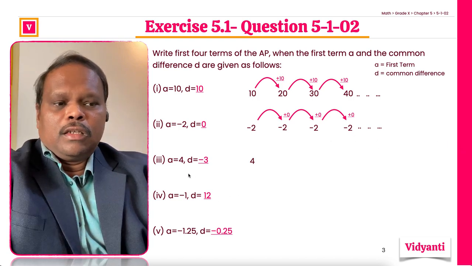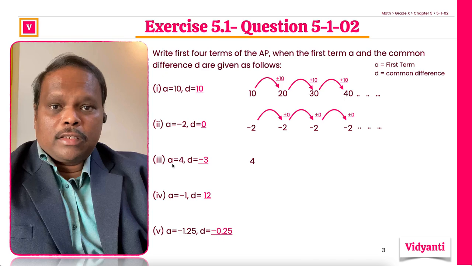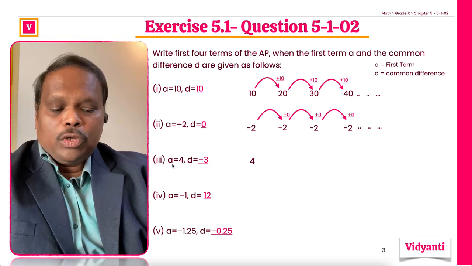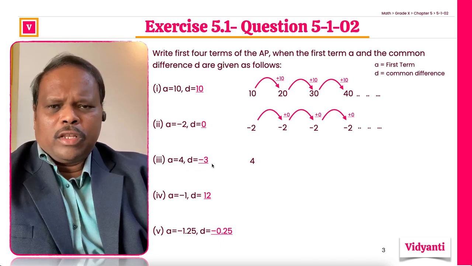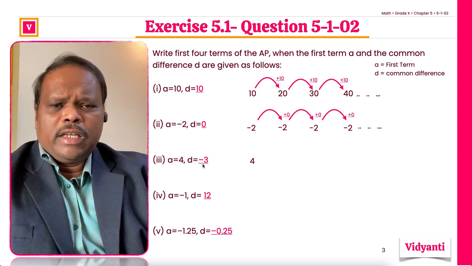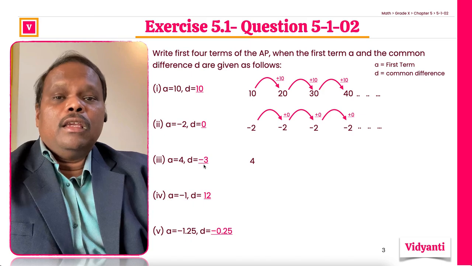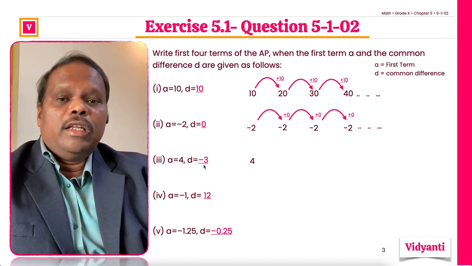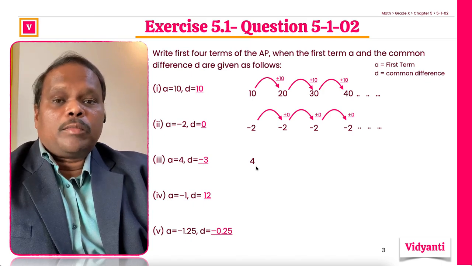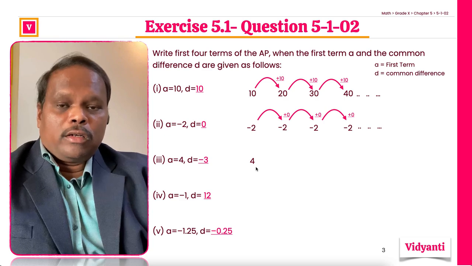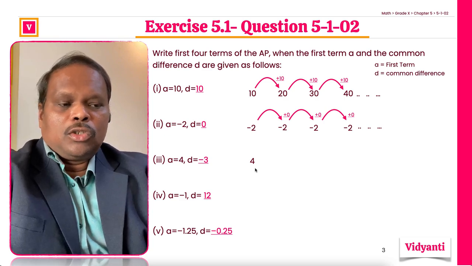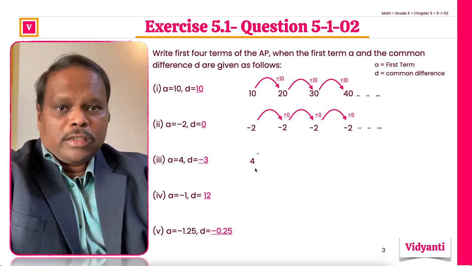In the third case, we'll take the first term as 4, and then you increment by -3. Now, is this negative okay? Yes, that's absolutely fine. So rather than incrementing, now we will decrement. Our subsequent terms will be smaller than the first term. The process is still the same.